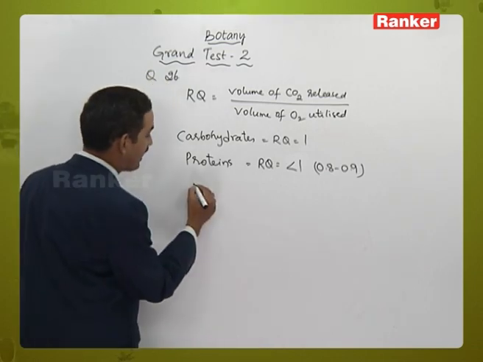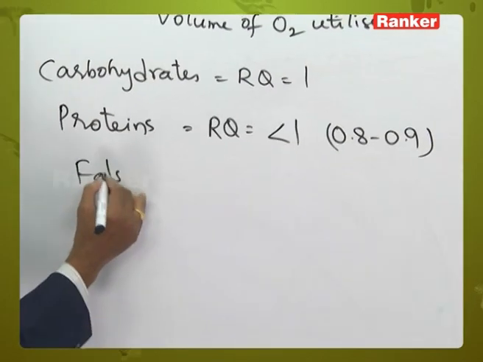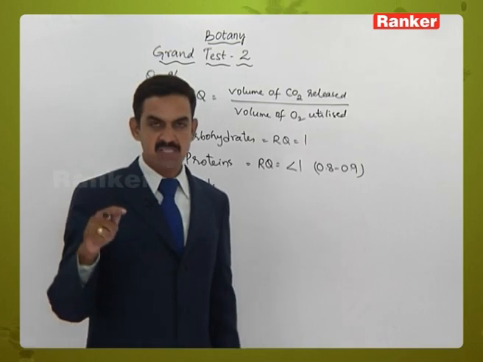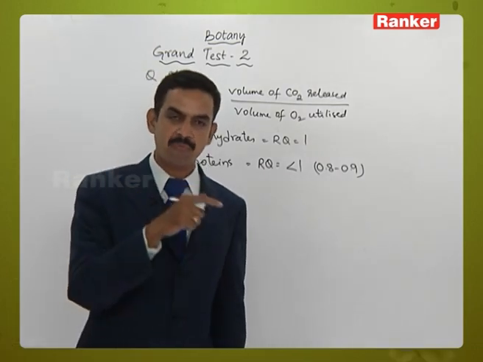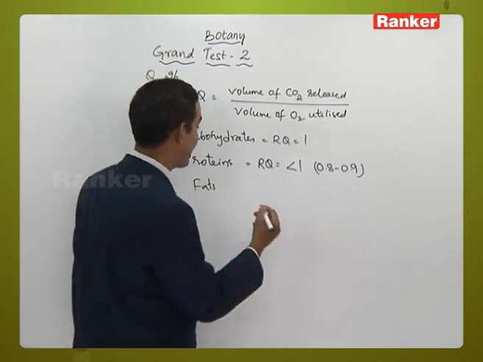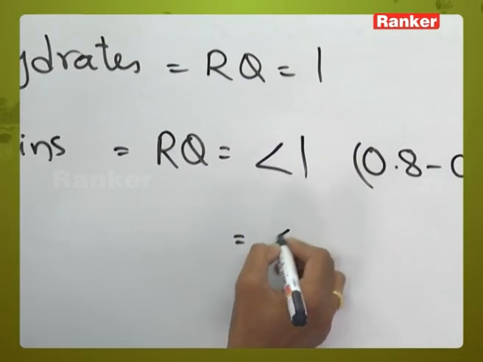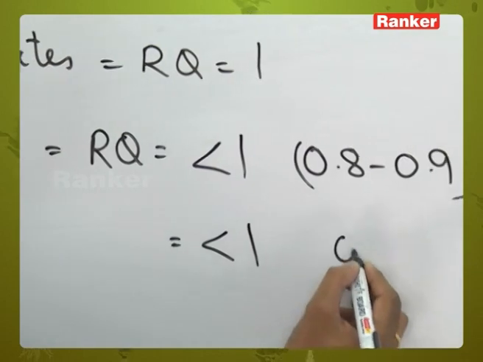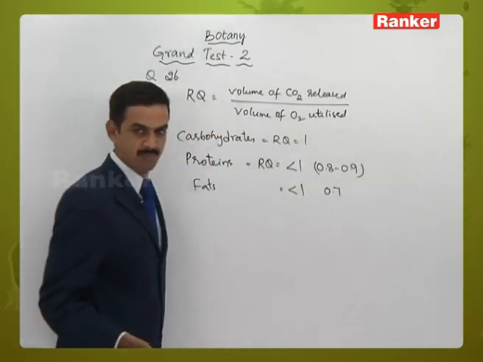Then for fats, also the number of oxygens will be less than the number of carbons in the fat molecule. So the RQ value for them is also less than 1. It is around 0.7.